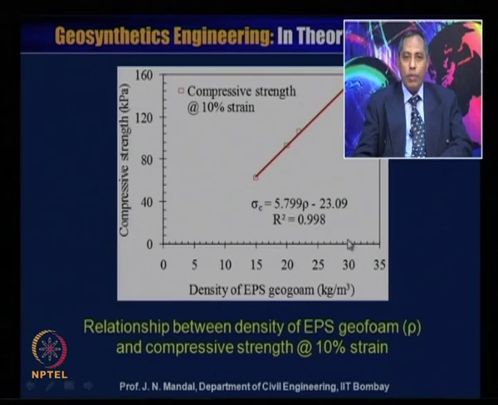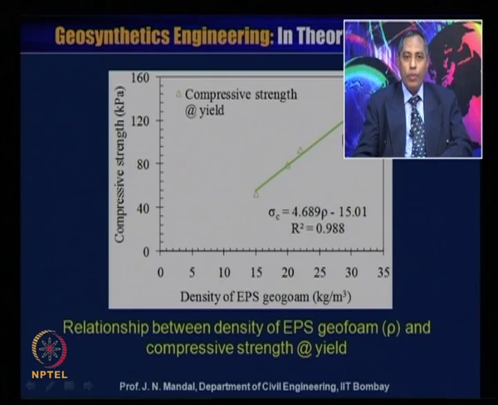If you substitute these values, you can have a linear equation like this, and then you can develop what the compressive strength at yield will be. Sigma c is equal to 4.689 rho minus 15.01, R square is equal to 0.988.